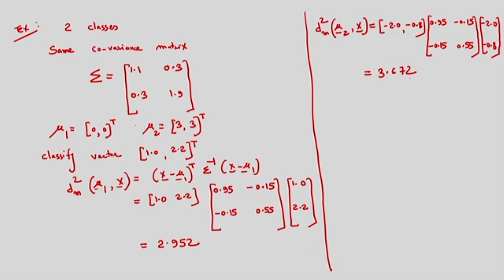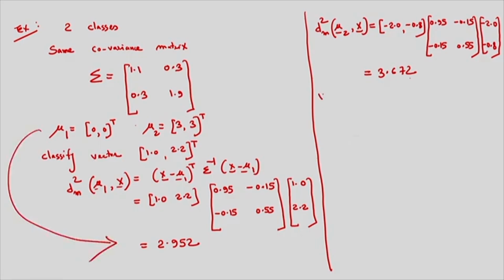You can see these two distances we have calculated, and based on this, the input Fisher vector is assigned to the class with the mean vector 0 0, because corresponding to this mean vector I have the minimum distance.